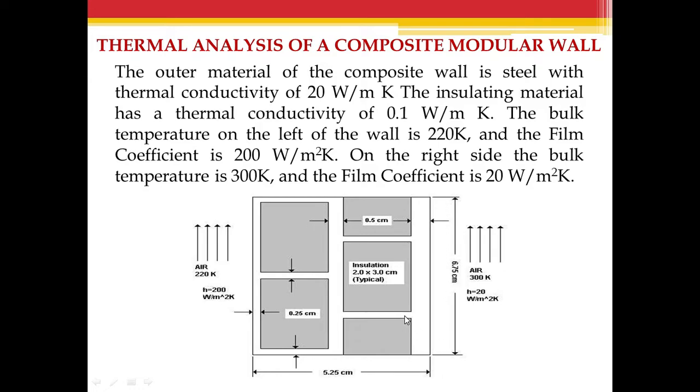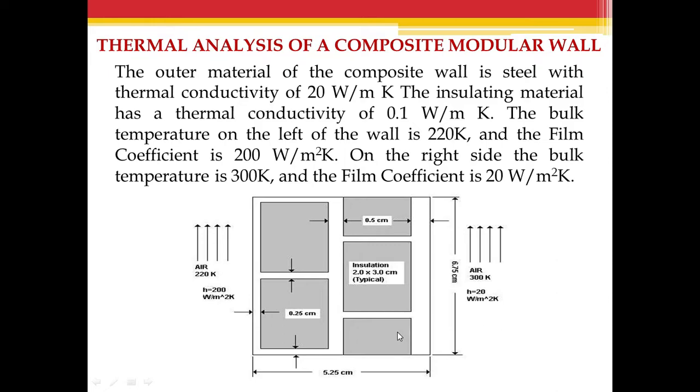Here the gap is 0.25 cm, and here the gap is 0.25 cm. And also the insulator height on the left is 3 centimeter, so totally 3.5 centimeter. 6.75 minus 3.5, therefore 3.25 centimeter is for this top insulator and the bottom insulator.